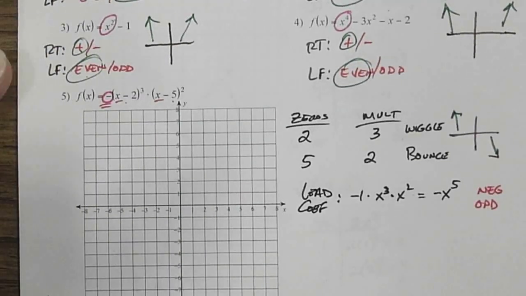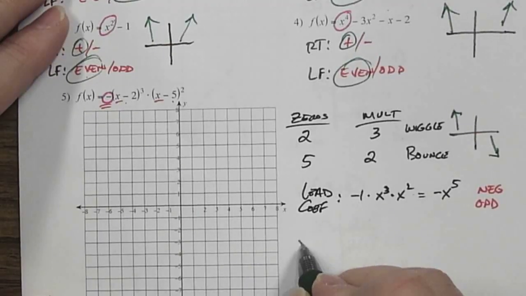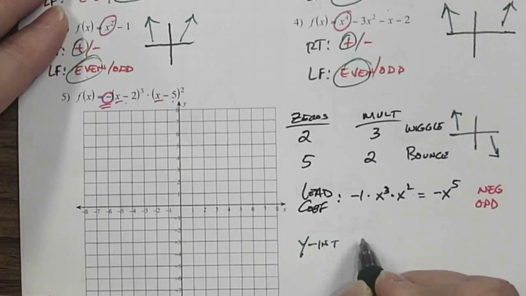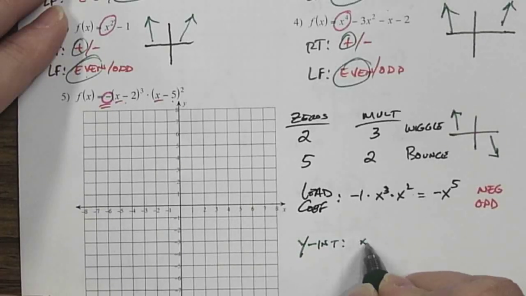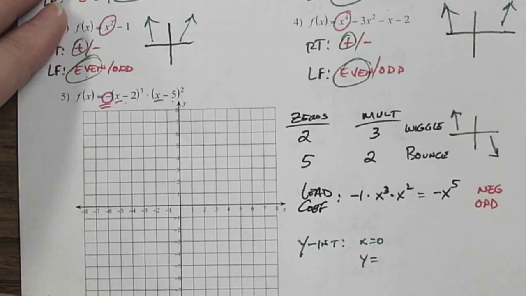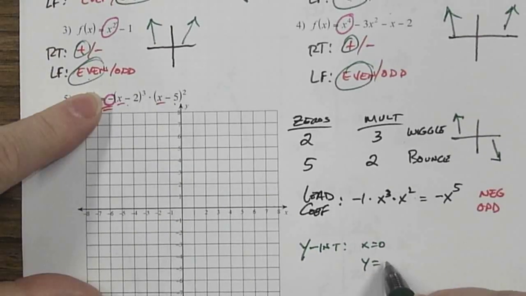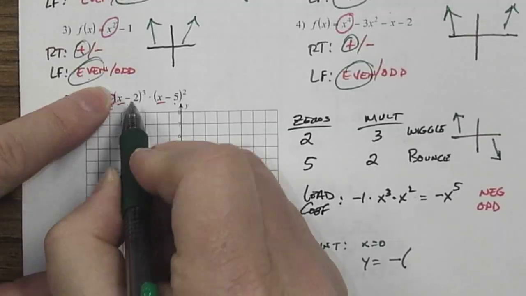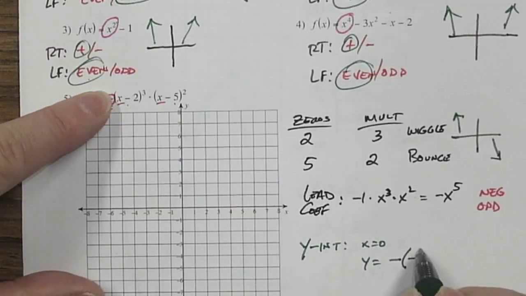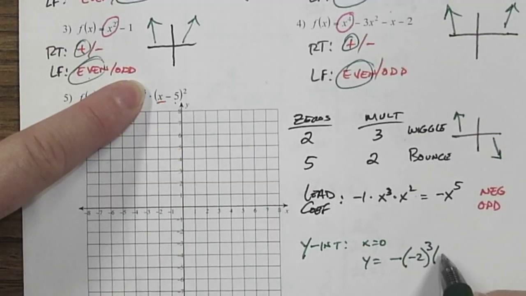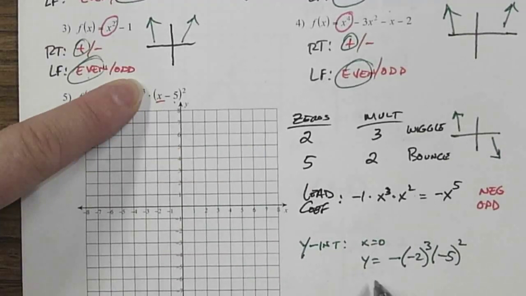The only other thing that is possible to get and may be important is the y-intercept. When we do that, x equals 0, so what does y equal? If we plug that in, we have a negative x is 0, so that's a negative 2 to the third, times x is 0, so that's a negative 5 squared.